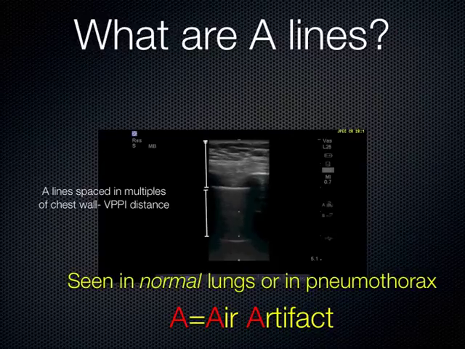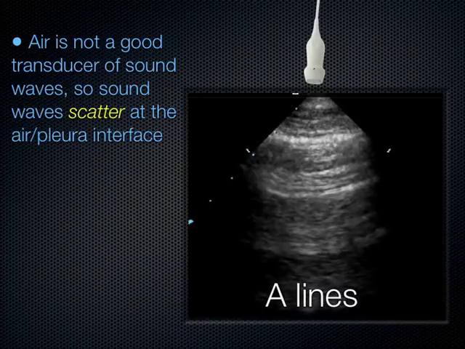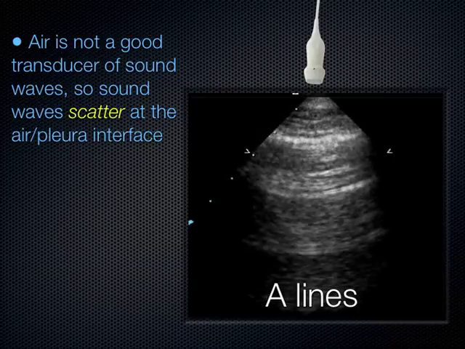Another example, just a reminder, the air is just not a good transducer of sound. The sound will reach that pleural line there, and most of it will scatter back. But the ones that do reach back to the probe in an organized fashion will create an image, and that's the pleural line.